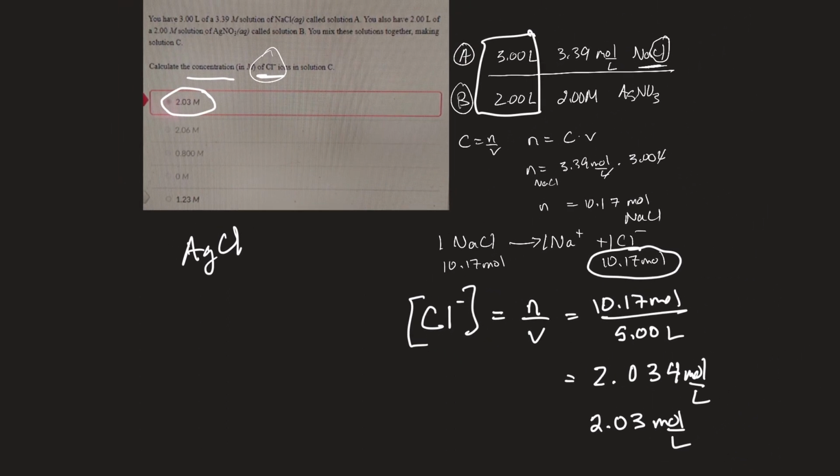And if it takes it out of solution, then the concentration would be lower. But how much of that would react? And that's a stoichiometry question that we haven't looked at yet. So my answer for that question would be the same as yours, 2.03.